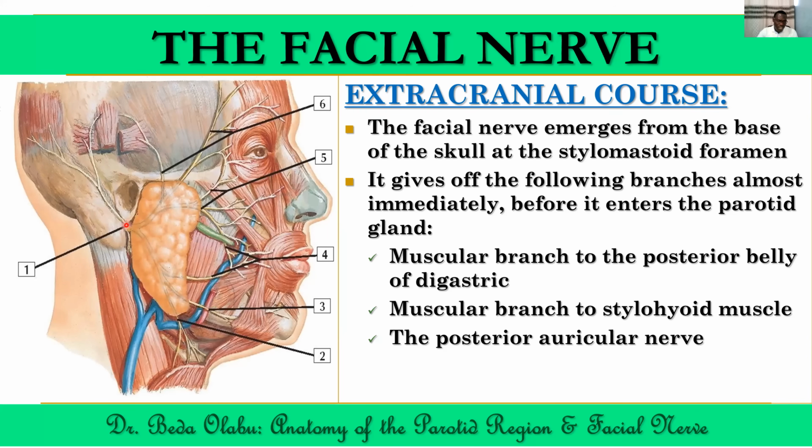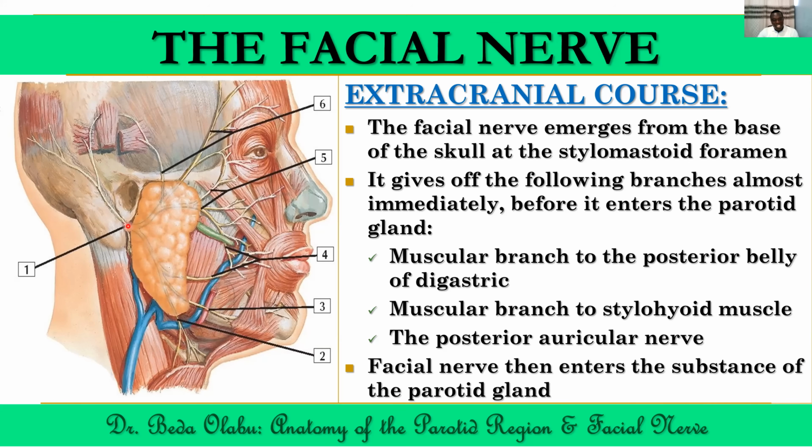This is the posterior auricular nerve that's given off by facial nerve. It may supply the muscles related to the auricula, so the auricularis superior and auricularis posterior, but also supplies the occipital belly of the occipitofrontalis muscle, or what you call epicranius. That's the distribution of the posterior auricular nerve.